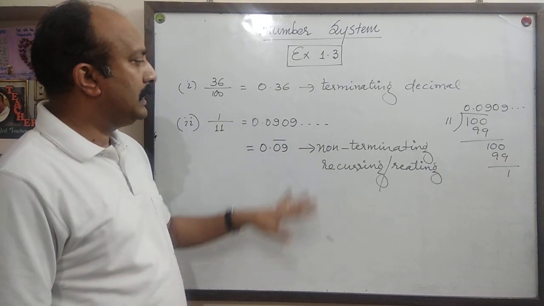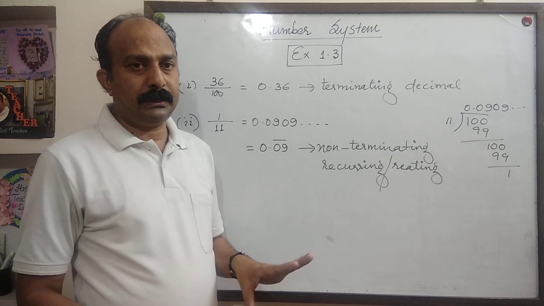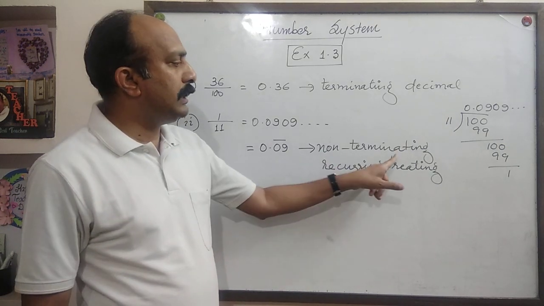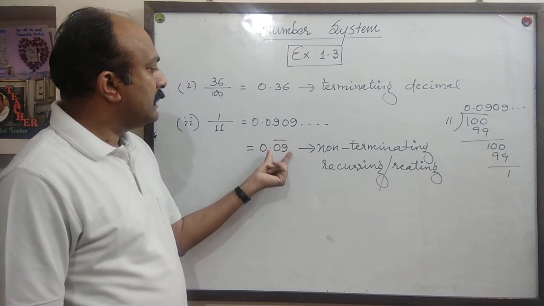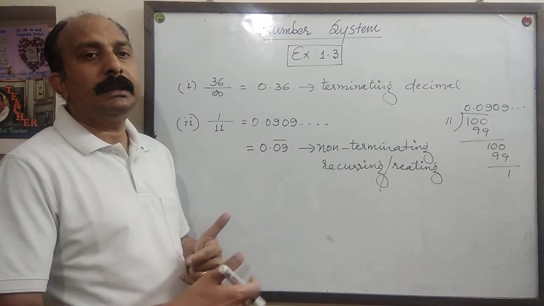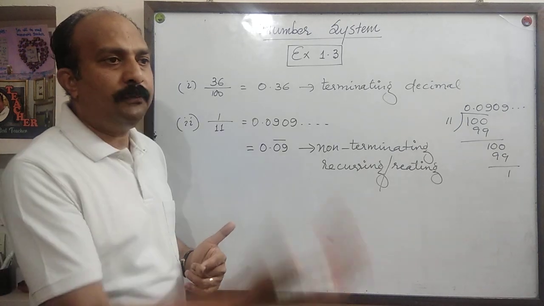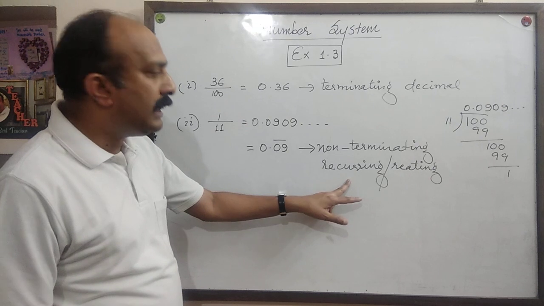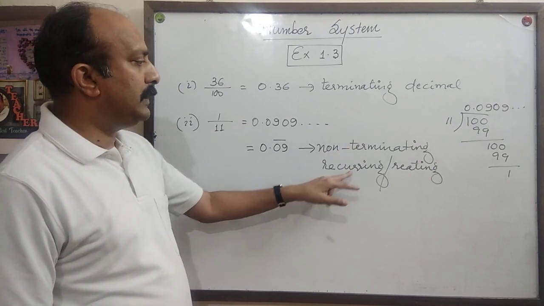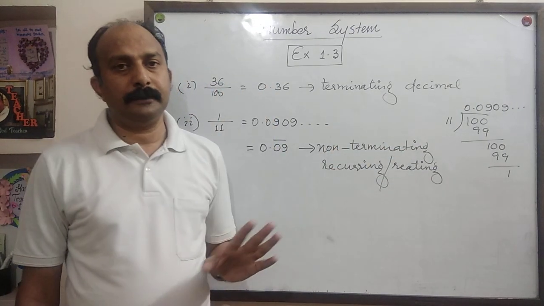So this number is not going to terminate, so it is called non-terminating. But in the answer you can see 09 is repeating infinite times, so it is called non-terminating recurring decimal or non-terminating repeating decimal.